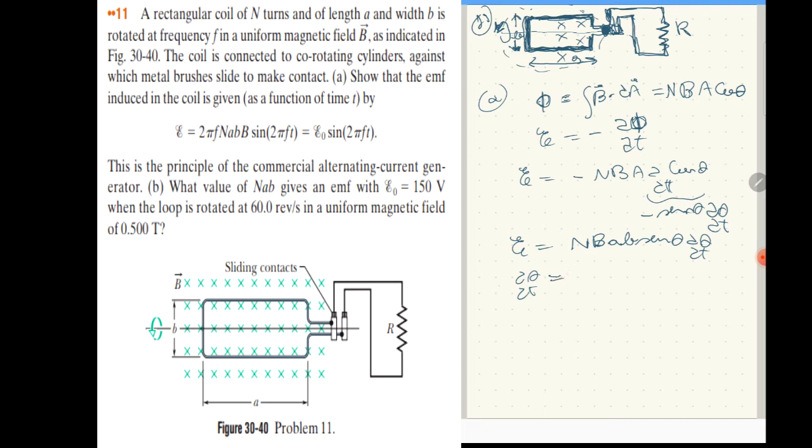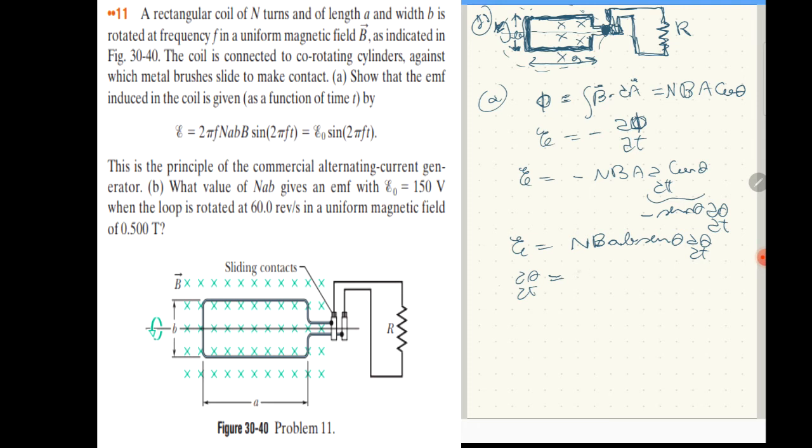You have to note that this derivative is actually the angular velocity, or angular frequency, as you may like to call it, because it is how the angle varies with time, and since it's constant, you don't have, for example, angular acceleration.